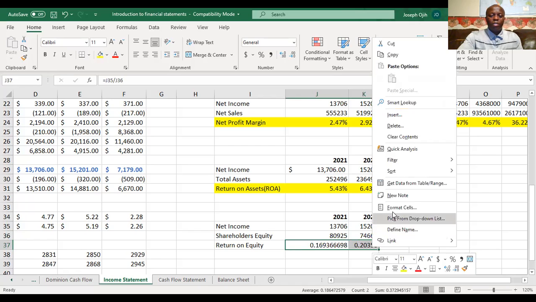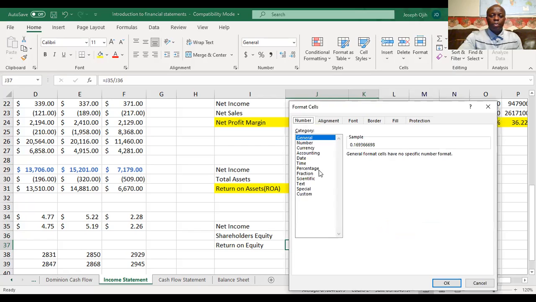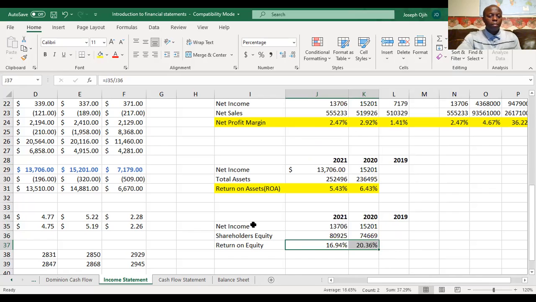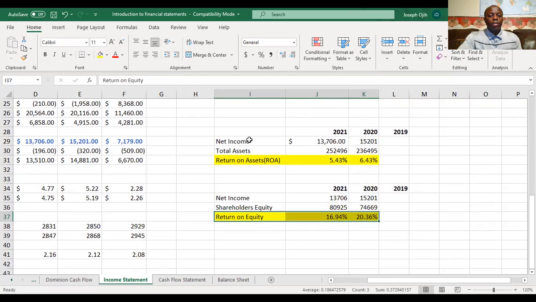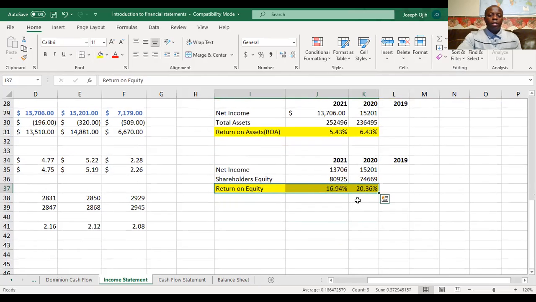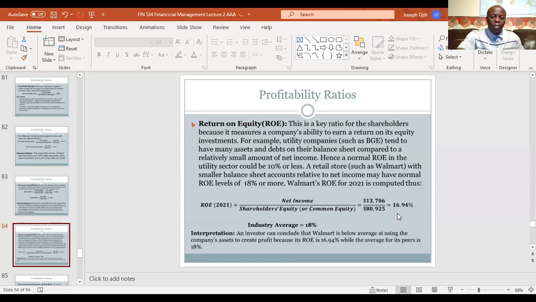They're all percentages. Make it highlighted so you can see them clearly. You can see right here. So what does this mean for us, Walmart?